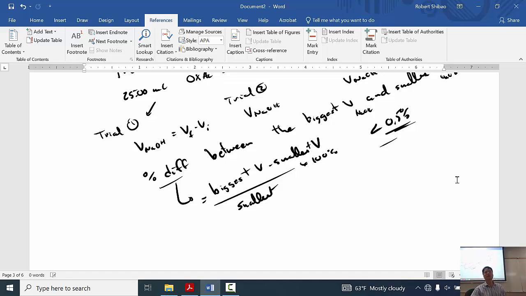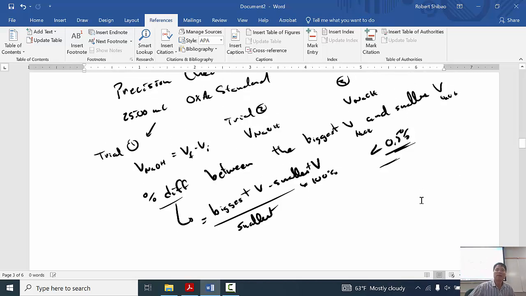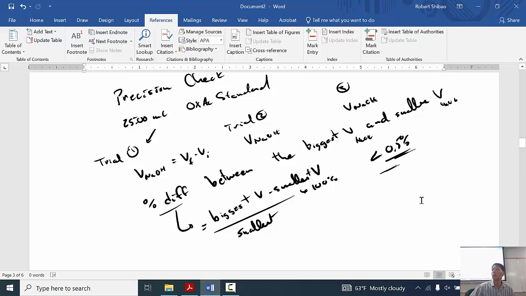And this should be less than 0.5%. If it's greater than 0.5%, then you should do trial 4. If you do a trial 4, then pick the three closest. So throw one out, the furthest one. If you have to do a trial 5, then hesitate, because the sodium hydroxide has to last for part 1 and part 2. So if you use too much sodium hydroxide in part 1, you won't have enough for part 2.